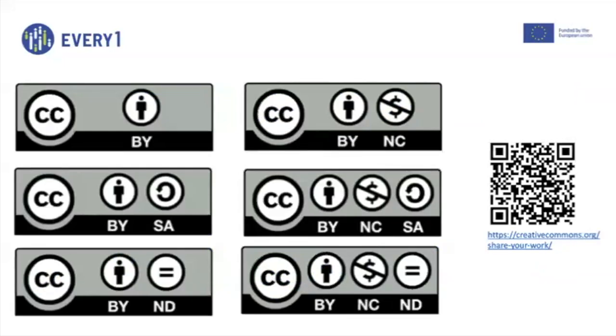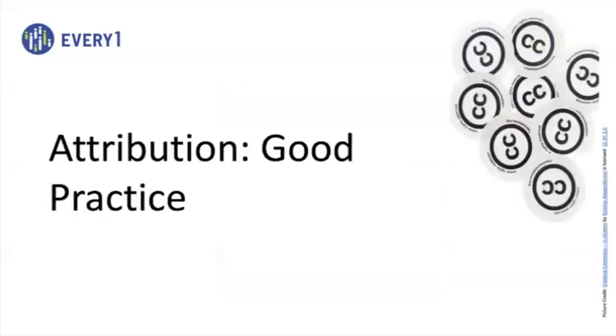If you want a refresher and a reminder of what the other Creative Commons licenses are, then you can find that available on the QR code here on the right-hand side. So please do check that out. It'll take you over to the Creative Commons website and you can find out more. And of course, you can also look back at the earlier videos in this series as well, which will walk you through the different license types.